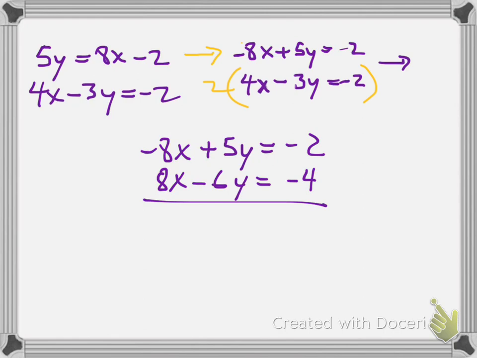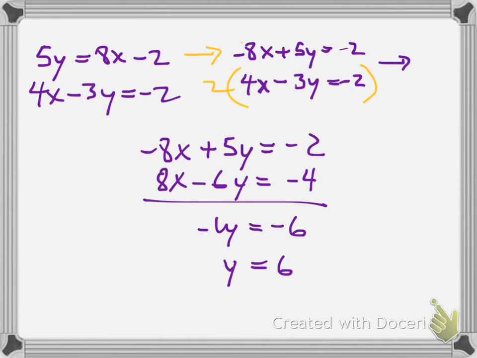All right. Then we can eliminate the x's, and that'll leave us with negative 1y equals negative 6. Divide both sides by negative 1, and we get y equals positive 6. So now that we know the y coordinate, what do we do with that? You plug it in. Substitute it into one of your original equations. And the second one is easier, I agree.